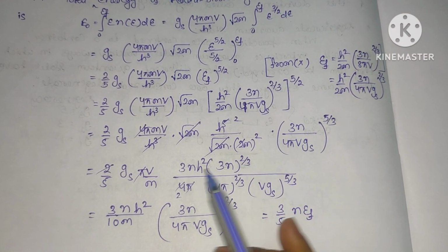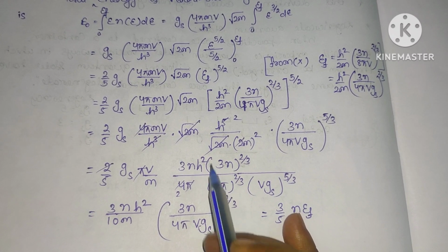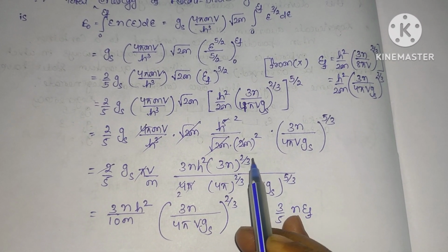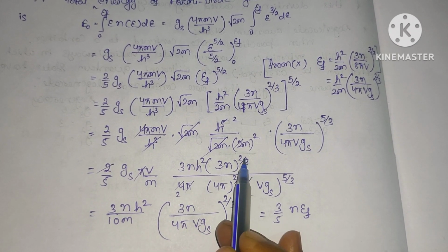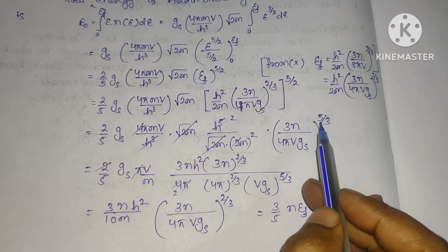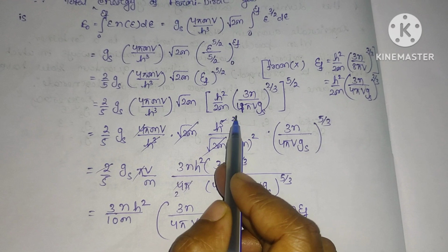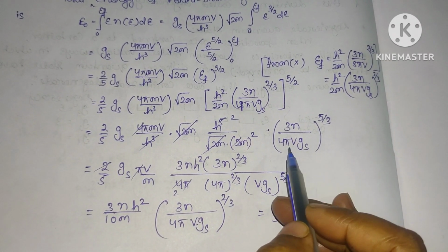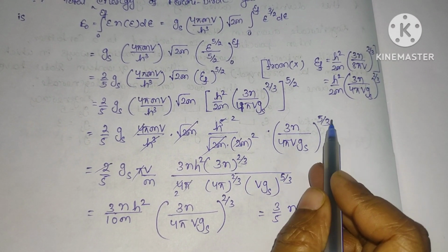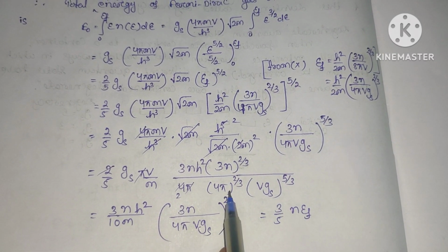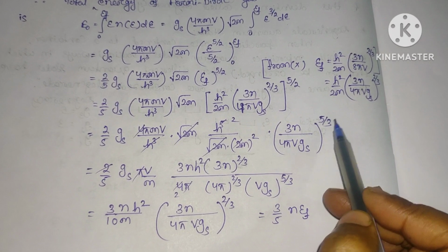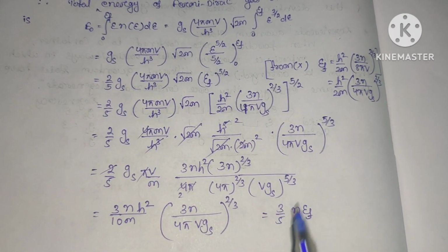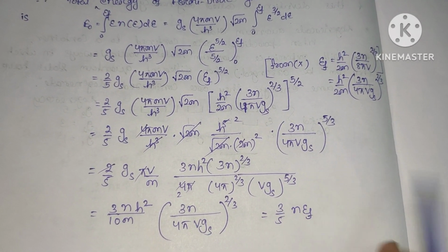I can write 3N power 5/3 as (3N) whole power 2/3 into 3N. It means 3N power 1 plus 2/3, that will be 3N power 5/3, into h² divided by 4π. Also 4π power 5/3 can be written as 4π into (4π) power 2/3. That means (4π) whole power 2/3 plus 1, that will be 5/3. Now into (Vg_s) whole power 5/3.